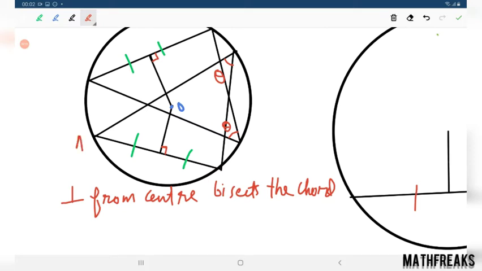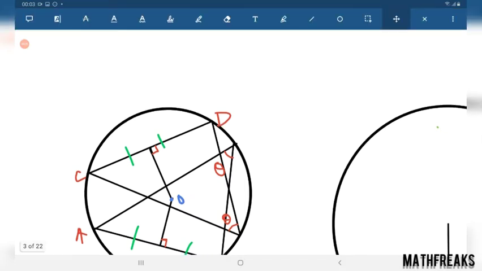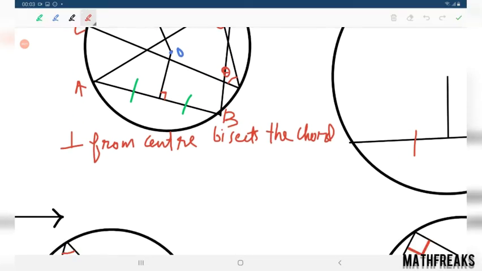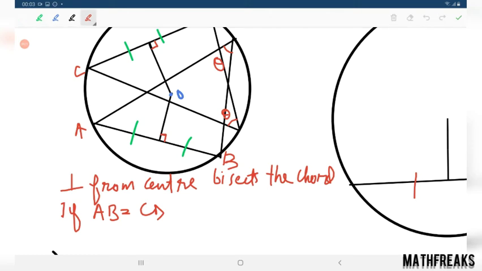If this chord is AB and this chord is CD, if AB equals CD, then this distance is also equal, P, Q. Then OP equals OQ.